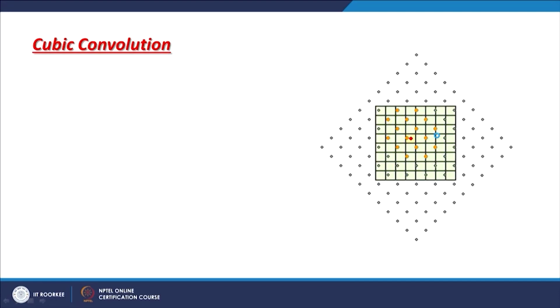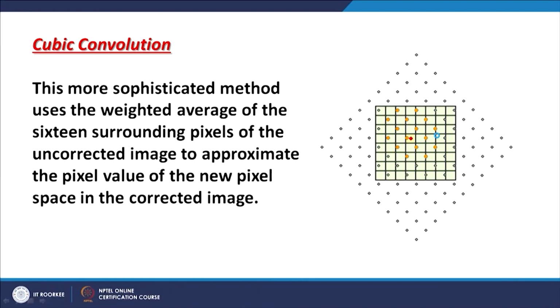Now, the last technique is cubic convolution, in which we now involve 16 surrounding pixels of the uncorrected image to approximate or estimate the pixel value of the new pixel in the corrected space. Like here, all these orange dots which are shown are considered for the new pixel value.